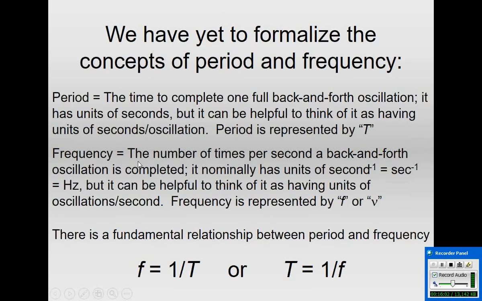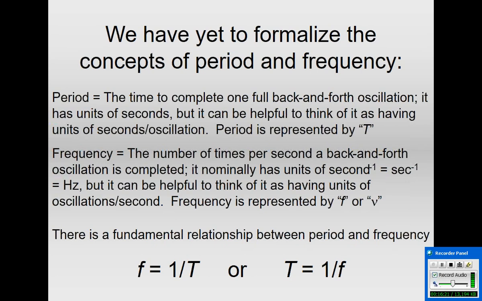Now, in oscillatory motion, in simple harmonic motion, we have two very closely related quantities called the period and the frequency. The period is the time for one full oscillation.